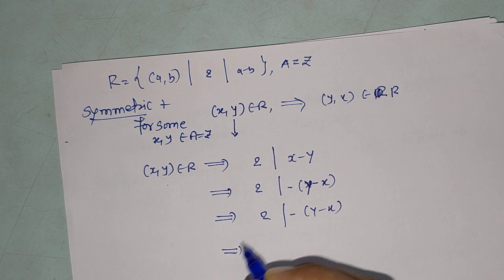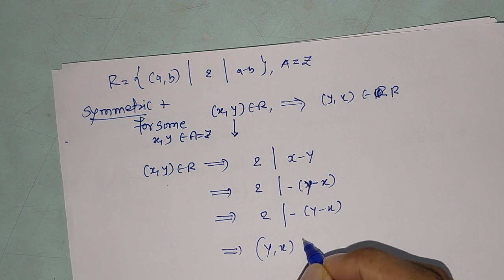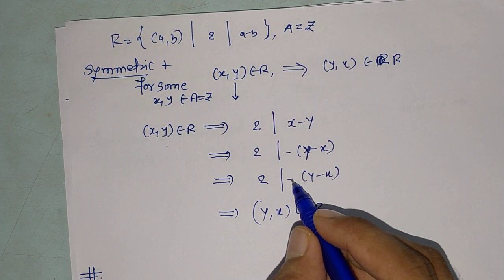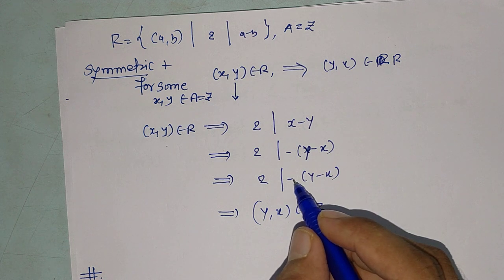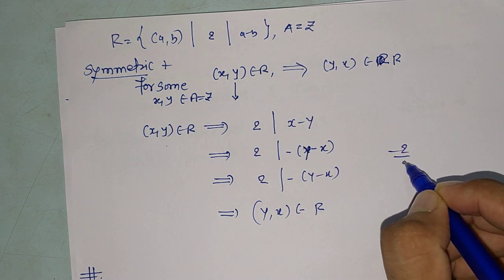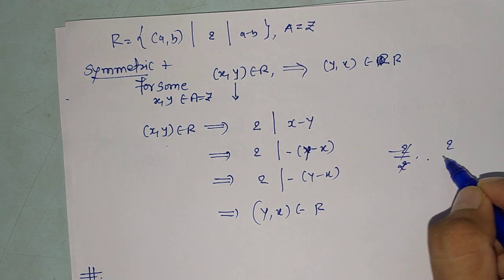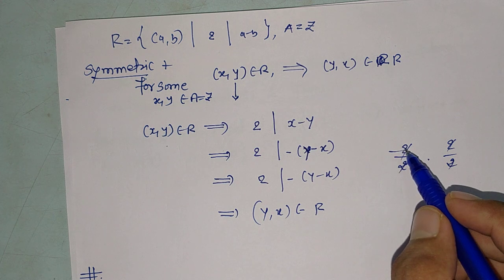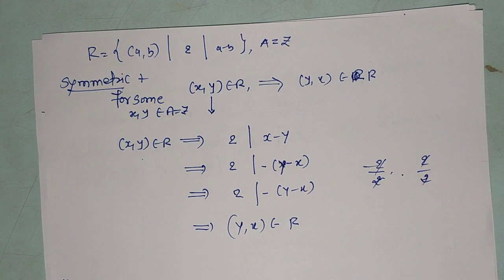It means (y, x) also belongs to R. See, the sign makes no difference to the divisibility. Minus 2 is also divisible by 2 and 2 is also divisible by 2. So y minus x is divisible by 2, so (y, x) is in R.